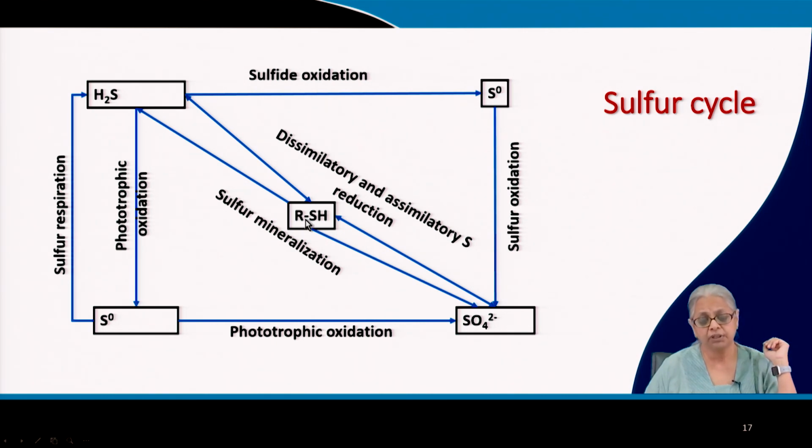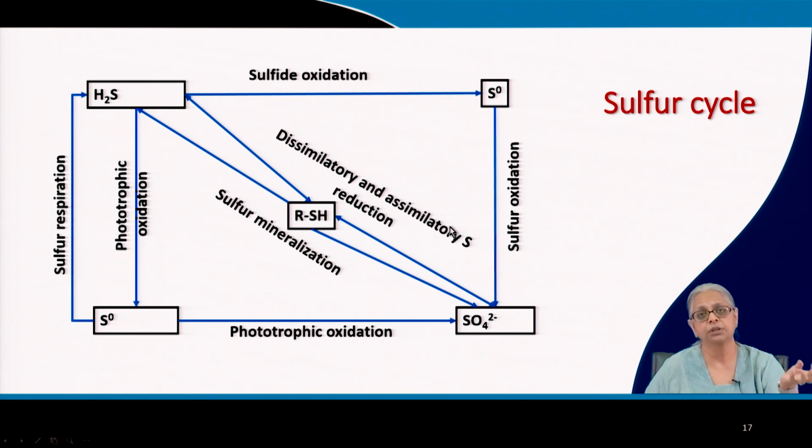If organic sulfur is being converted to these inorganic forms, we call it sulfur mineralization, and it's also part of the dissimilatory sulfur reduction pathway. Now there are two pathways, dissimilatory and assimilatory sulfur reduction.